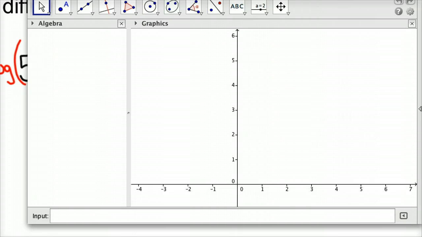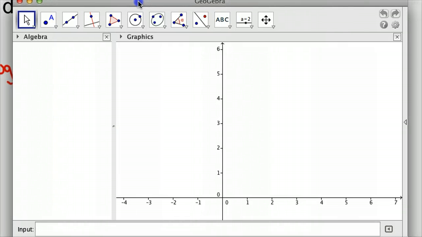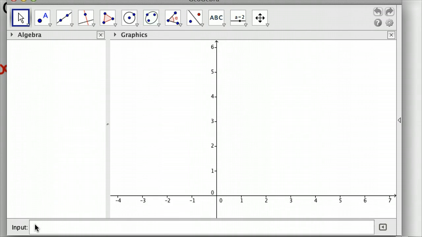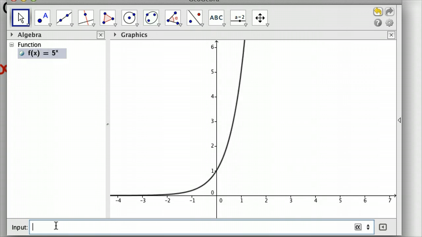Alright, so here's Geogebra magically appearing. I said to set up those two equations. So y equals 5 caret, which is above the 6 on most keyboards, x. That's that equation there.